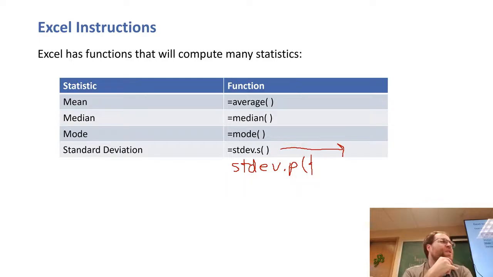Going back to chapter 5, the last chapter, when you're dealing with just a portion of the entire group, you were dealing with a what? That starts with an S. Yeah. So this is actually a sample standard deviation.